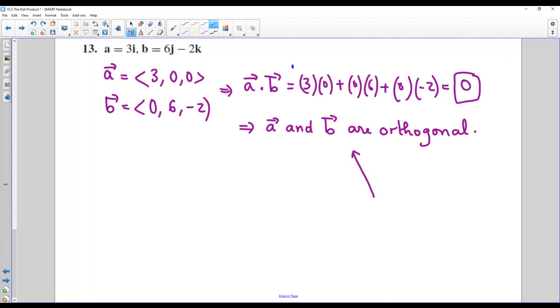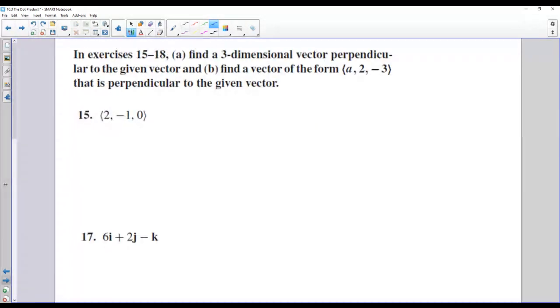That means they make an angle of 90 degrees. A and B are orthogonal. Okay, good. What else?